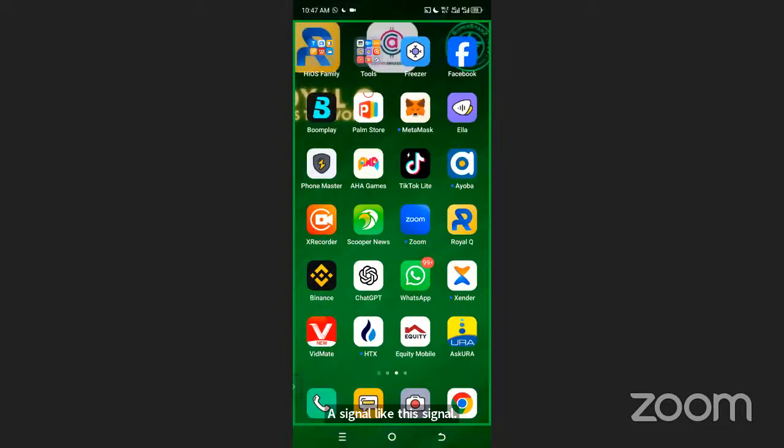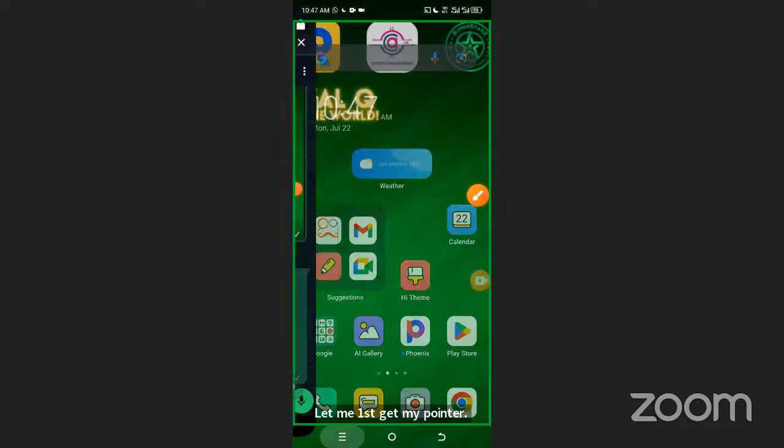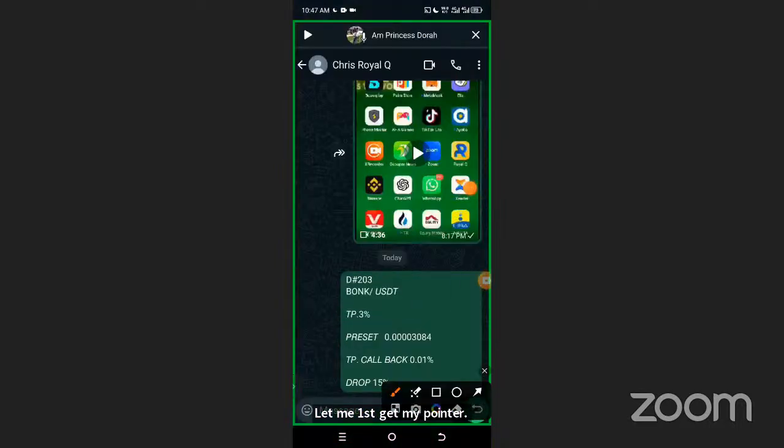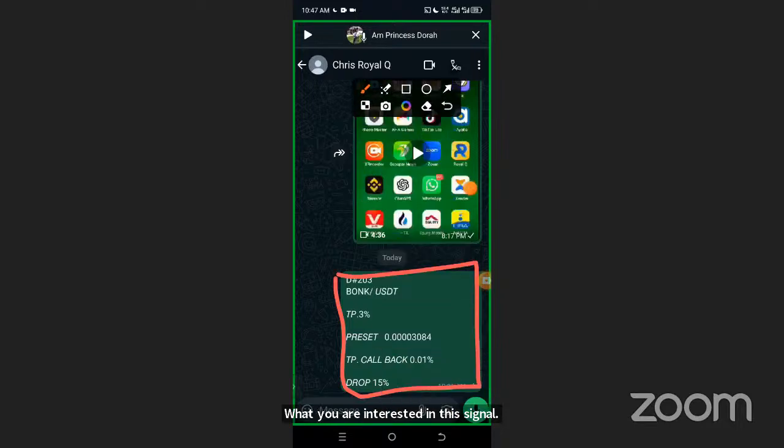Let me first get my pointer. What you are interested in this signal is the name of the coin given to you to trade. Then take a profit.